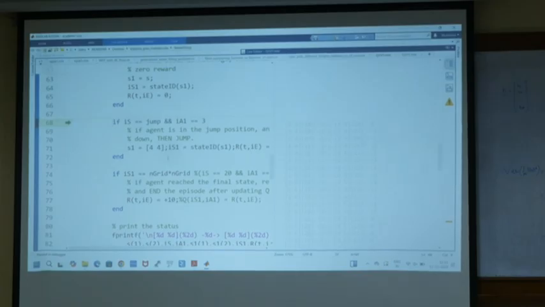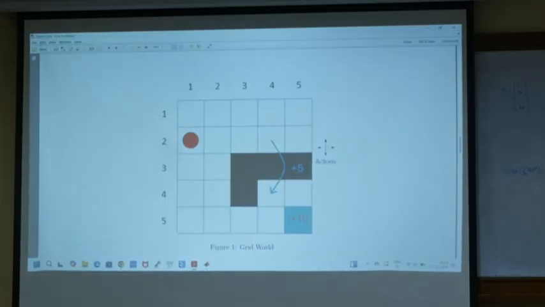Now let's check for the jump. If my present state is the jump state and I am taking the down action, okay, I will go down here directly. If I take the left action or up action or right action, I will not go anywhere. I will go only one block apart.